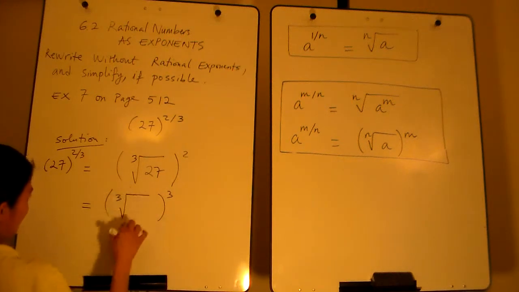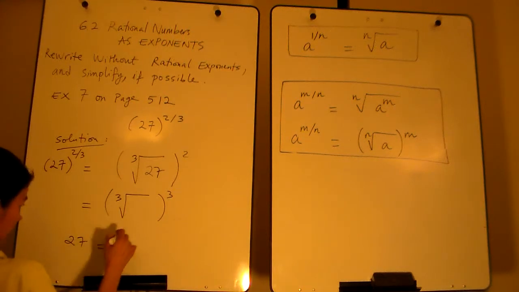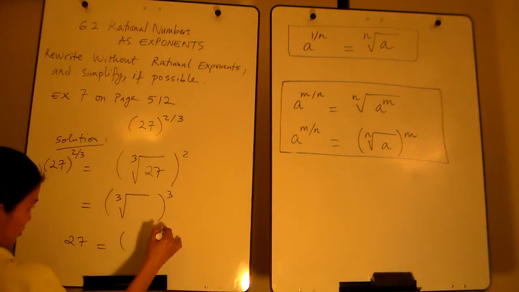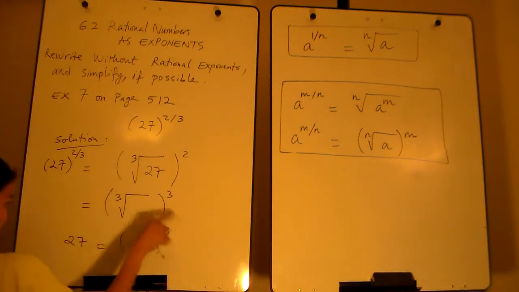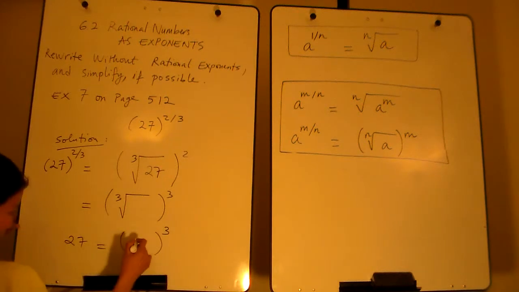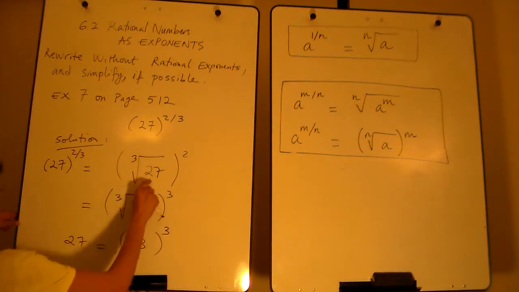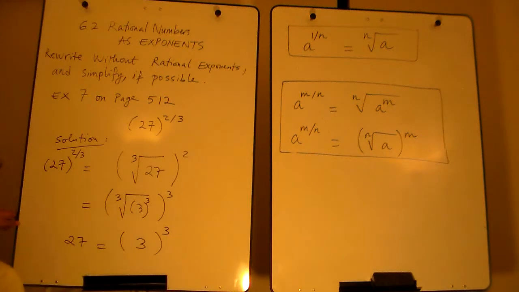Again, because this is a cube root inside, you have to ask, what is the cube root such that when you raise it to the third power, the result is 27. It's got to be 3, right? Because 3 times 3 times 3 is 27. So I'm going to replace 27 with 3 to the third power.